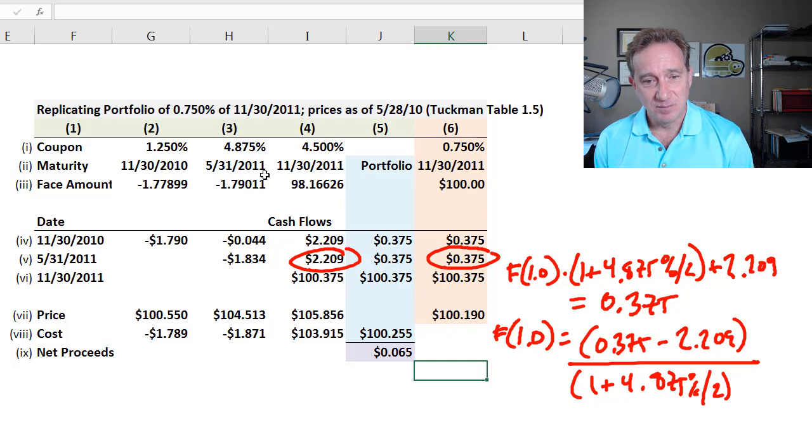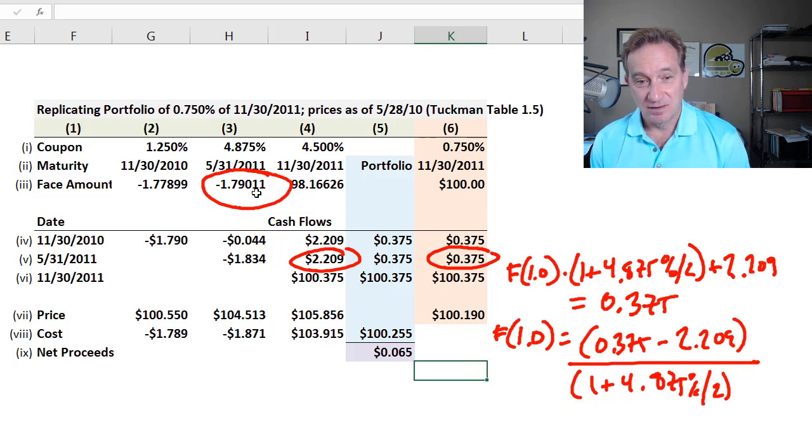and that's going to give me this face amount here, which is negative, meaning if I'm purchasing this bond, I'm selling this bond or issuing this bond so that in 1 year I actually have to pay this coupon, which is fine because I'm receiving $2.21. I'm paying this, and the difference in my replicating portfolio exactly equals 37.5 cents.